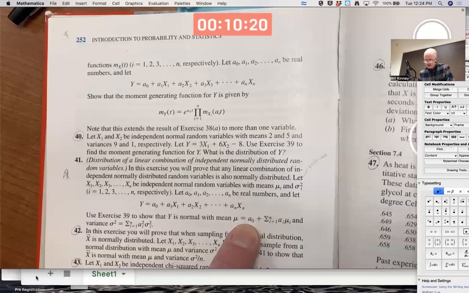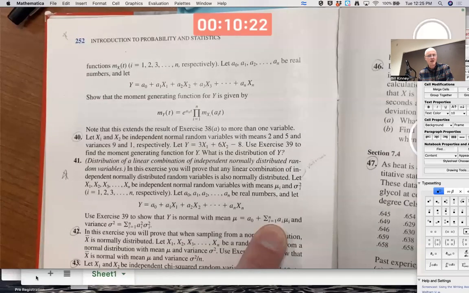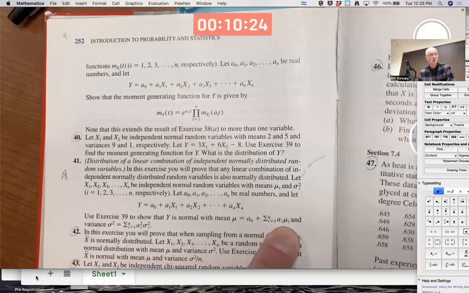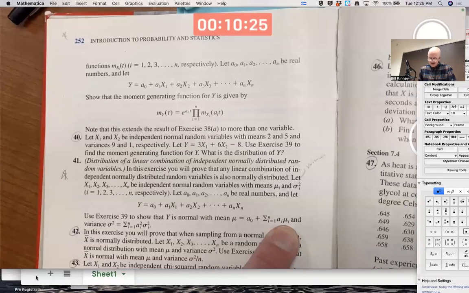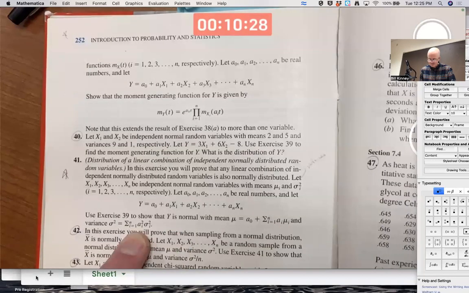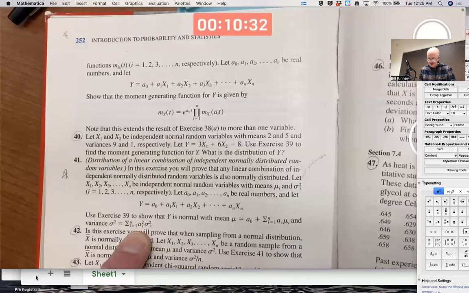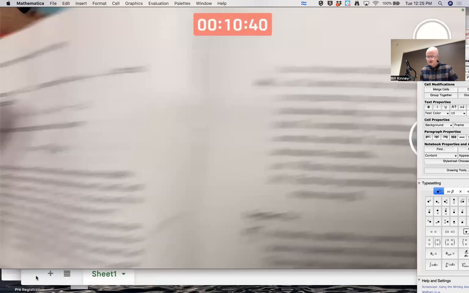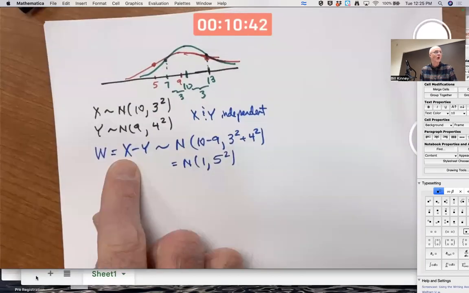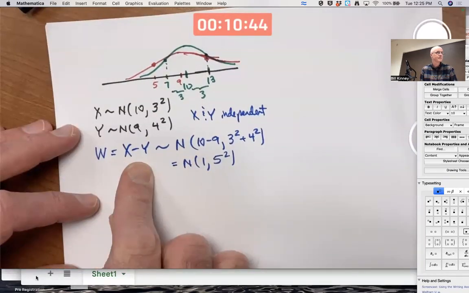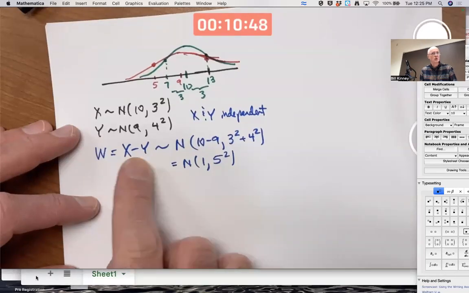To get the mean, you do the same linear combination of the individual means. And well, except for the A0 being missing, a linear combination of the variances, but you have to square the coefficients. In our problem here, W is X minus Y, the coefficients are 1 and -1. A1 is 1, A2 is -1.